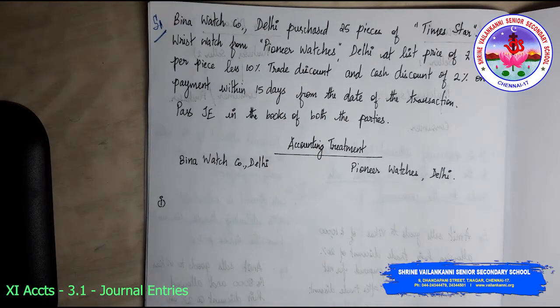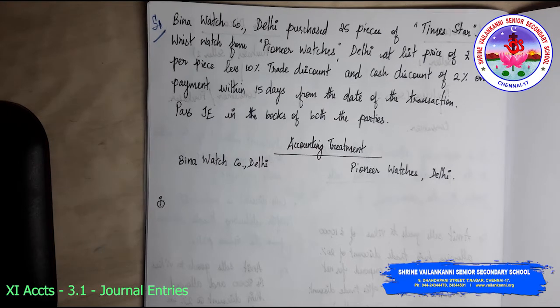Beena Watch Company, Delhi, purchased 25 pieces of Times Star brand wristwatch from Pioneer Watches, Delhi, at list price of rupees 2,000 per piece, less 10% trade discount and cash discount of 2% on payment within 15 days from the date of transaction.